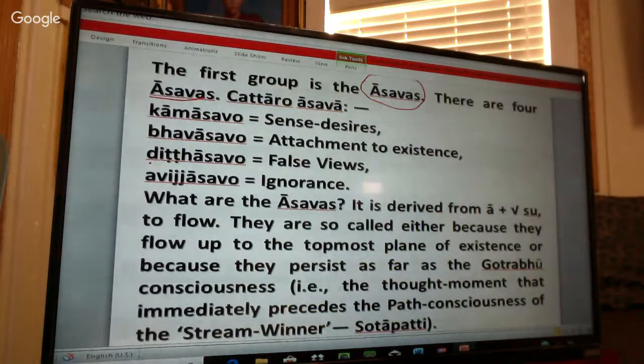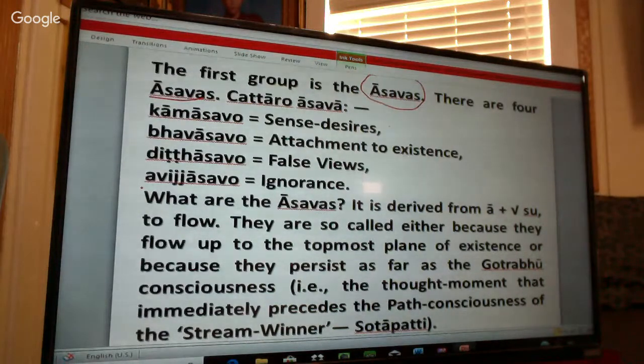Kama soa and bhava soa, according to the manifestors, the name is Lobha. Yeah, greed, attachment. Okay, and then number 4 is Avijja soa. So Avijja plus asava combination is Avijja soa. Avijja we already know, in the manifestors, the name is Moha.